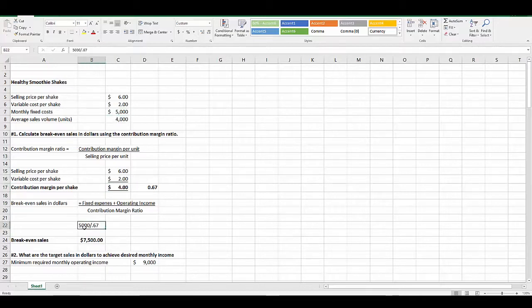So it's 5,000 plus 0 for operating income, divided by your contribution margin ratio, which we've just calculated here. That tells you the break-even sales is 7,500. So at break-even, there is no operating income, you're just barely covering your fixed cost. So that's the first part of the problem.